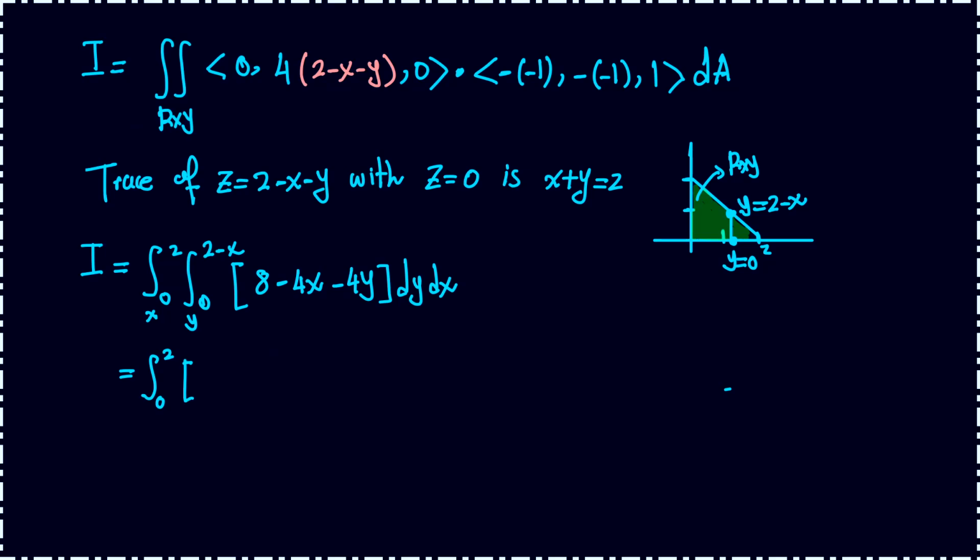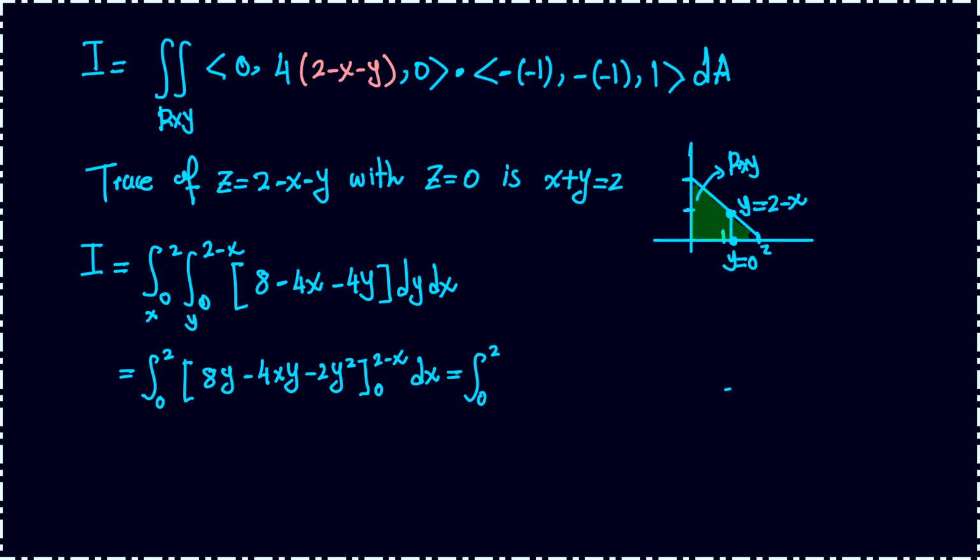Leave that alone. Integrate with respect to y. You're going to get 8y minus 4xy minus 2y squared. Okay, y is going to go from 0 to 2 minus x. Then we integrate with respect to x.